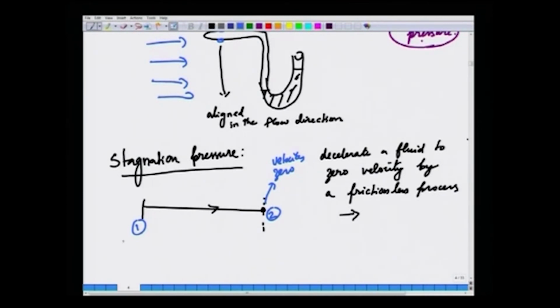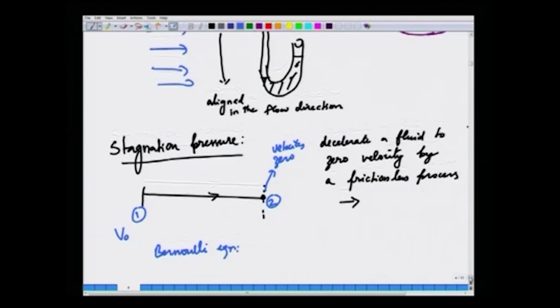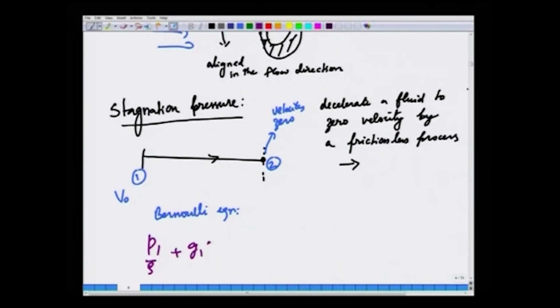Let us call the velocity in the fluid V. At the point where the fluid velocity is 0, called the stagnation point, let us denote the pressure as P0.